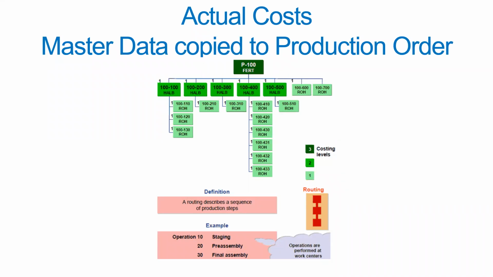The BOM, routing, and costing sheet are all copied to that production order. So theoretically, when we post the actual costs to the production order and compare them to the planned costs, they should be the same. The question is, what if they're not?